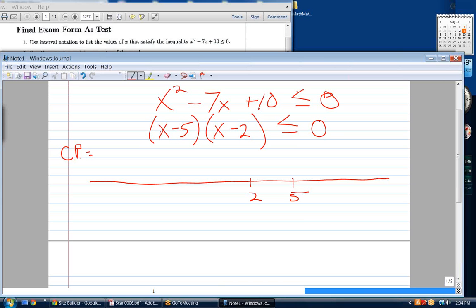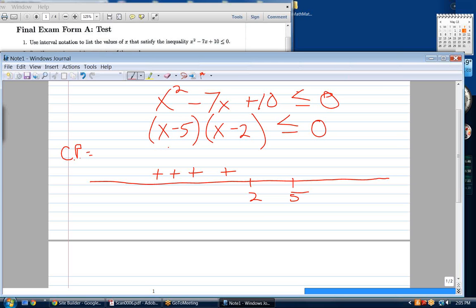Yes. So when we use 0, we get a negative there. We get a negative there. The product of two negatives is a positive. So I write positives everywhere to the left of 2. Now let's pick a number between 2 and 5. 3.